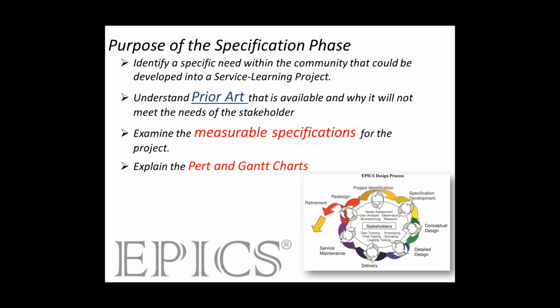The Gantt chart in particular is a timeline, showing all of the pieces that have to happen and how they work. The PERT chart is that critical pathway. It shows what has to happen first, what happens second, but what happens second may be in tandem with other tasks. So the PERT chart could be that critical pathway.